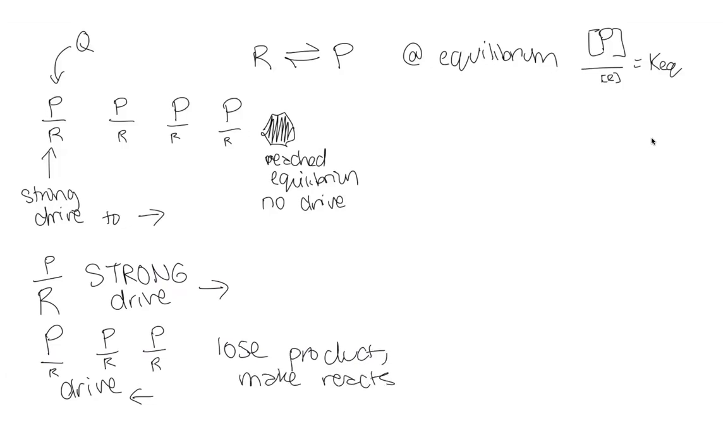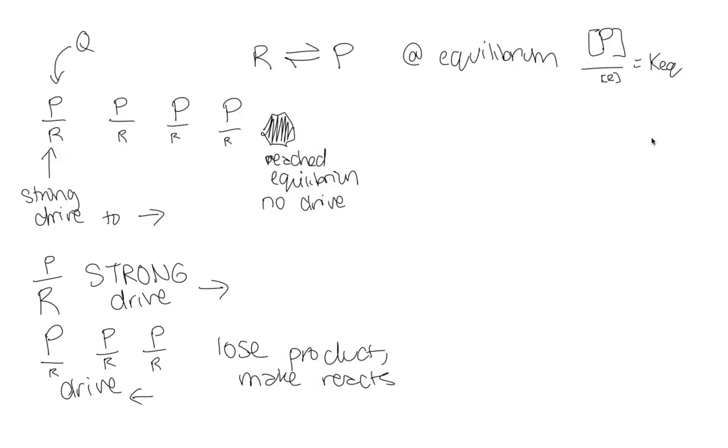And that's true no matter how favorable it seemed like it was originally. No matter how inherently favorable that reaction might seem, if you start with more of the products than you would have at equilibrium, well, now you're going to go backwards.